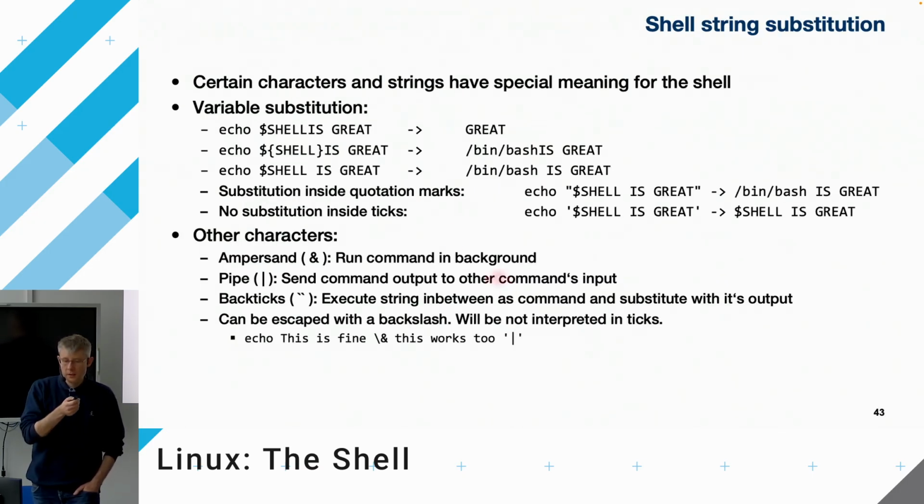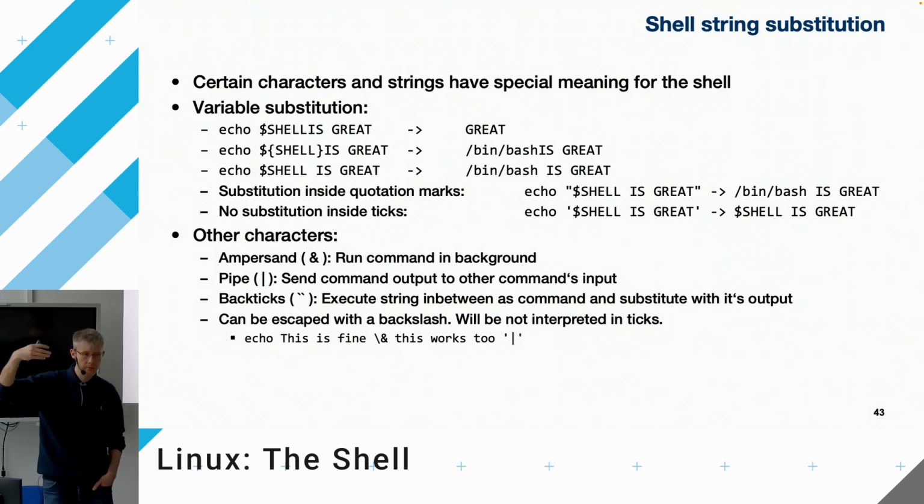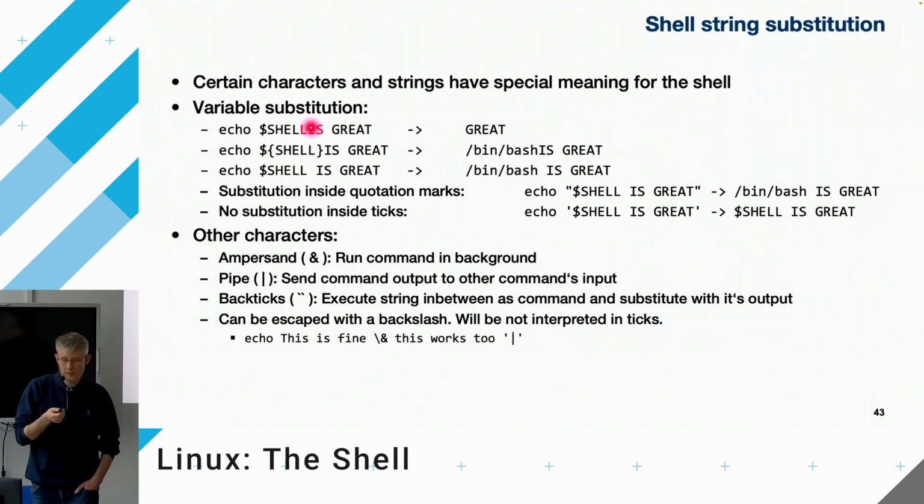As explained, we had this variable substitution example, and we've seen that it depends on how bash interprets your input. And we also see that in this case here, this completely disappears, but there's another way to specify the variable name.